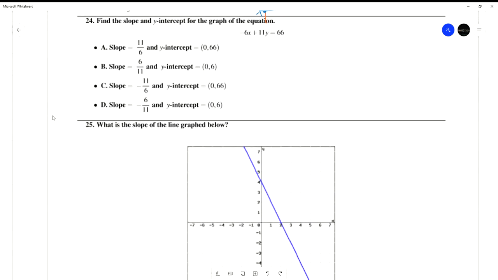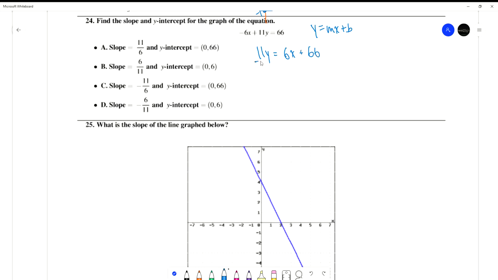Okay, last two of the day. We have to find the slope and y-intercept for the equation above here. That means isolate the y, because we need to have it in slope-intercept form. So I'm going to add 6x to both sides. So 11y is equal to positive 6x plus 66.